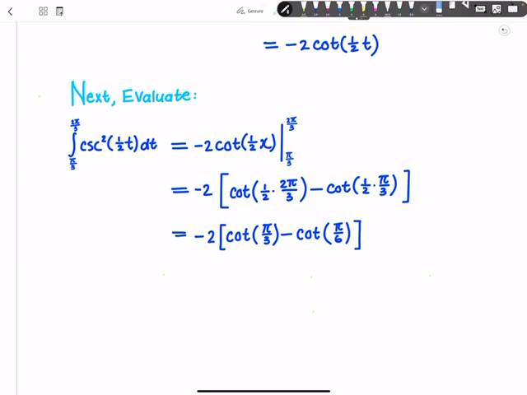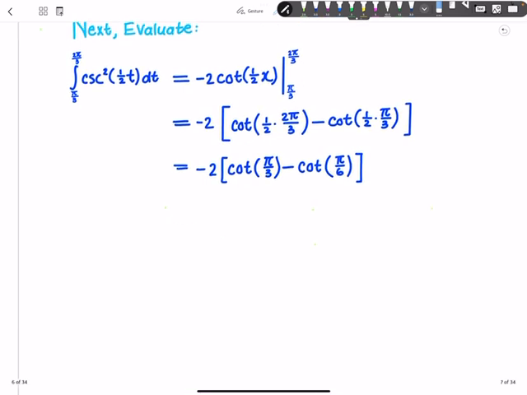So if we would like an exact answer for this integral, we will need to consult our unit circle. And so when I look at the unit circle, I see that cotangent evaluated at pi thirds is equal to the square root of 3 over 3. And cotangent evaluated at pi over 6 is equal to just the square root of 3.